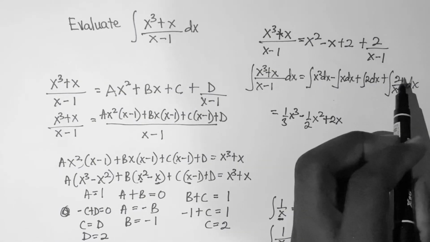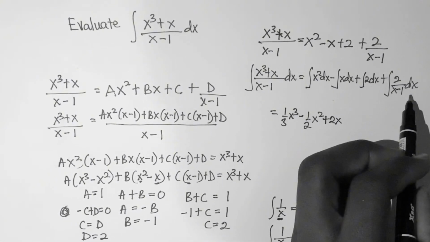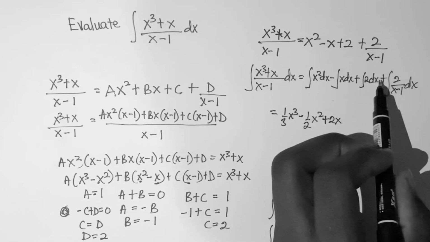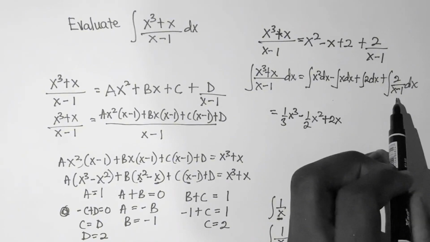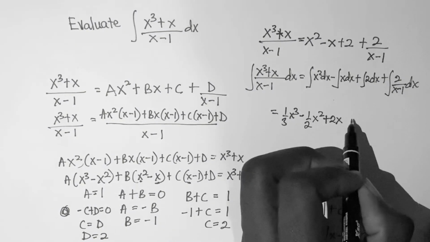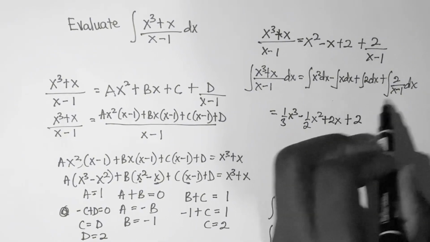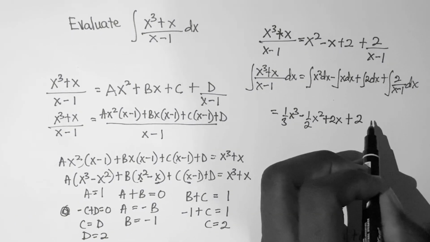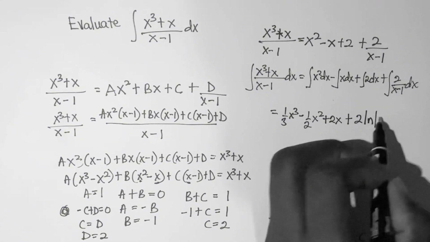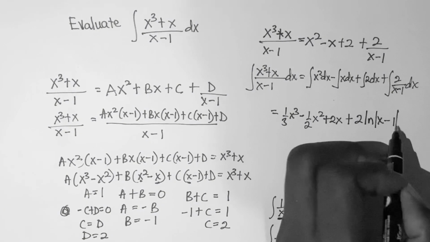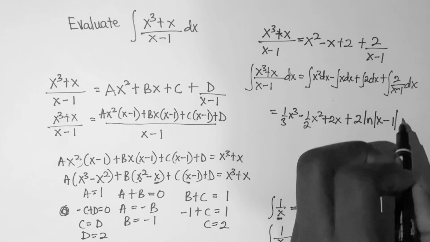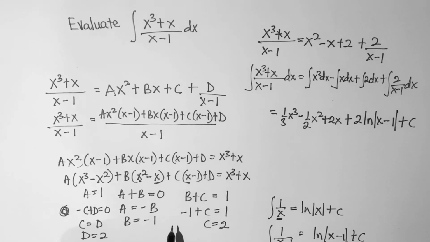But in this case, it is 2 divided by x minus 1. So we need to factorize 2 out so that we'll get 1 divided by x minus 1. And if you factorize 2 out, and then you integrate 1 divided by x minus 1, you're going to get natural log of absolute value of x minus 1, then plus the constant of integration c.